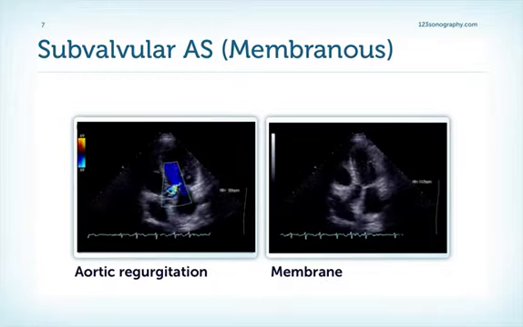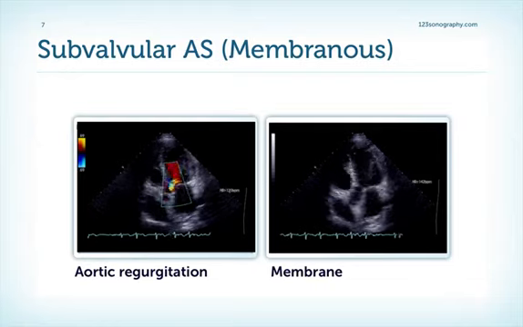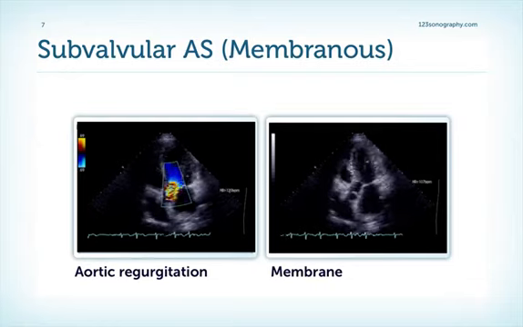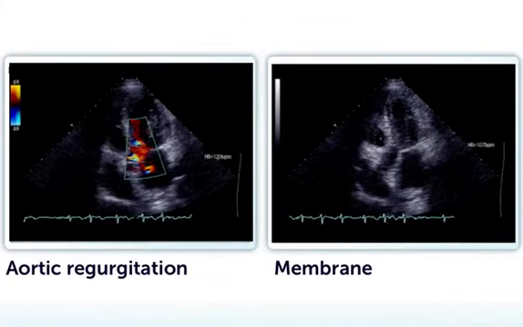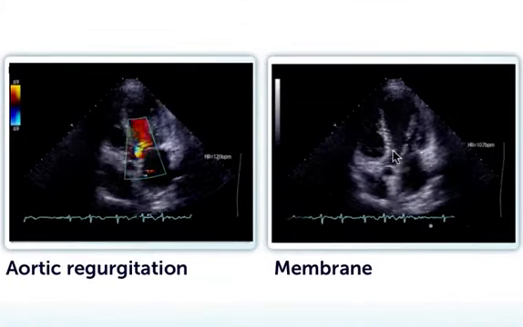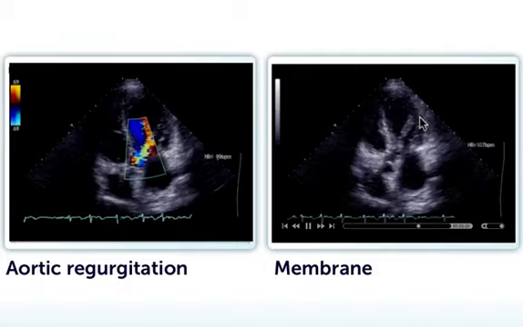Here we have an example of a patient with subvalvular aortic stenosis who also has accompanying aortic regurgitation. Here on the right, you can appreciate this almost circular membrane in the LVOT.